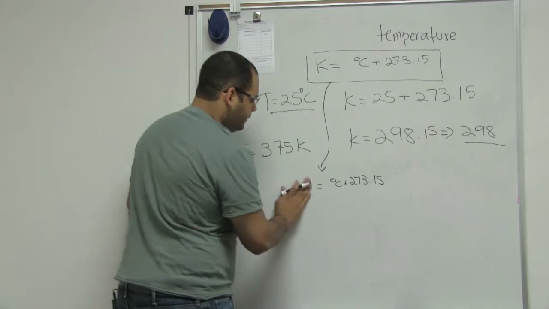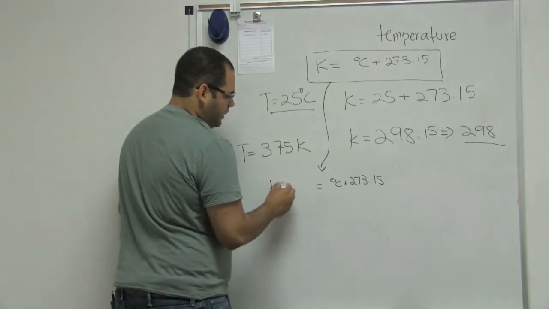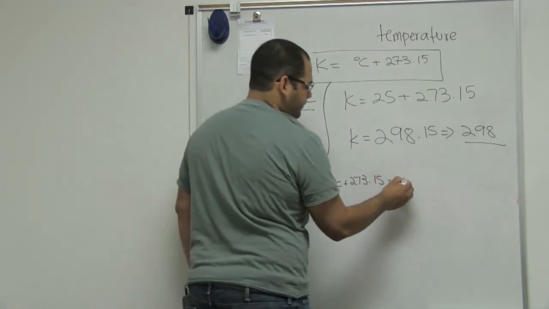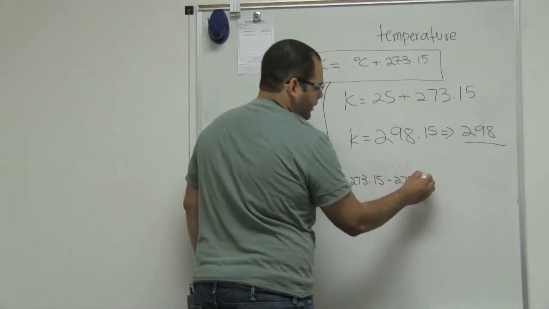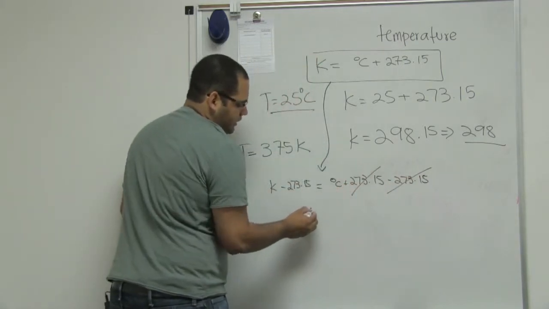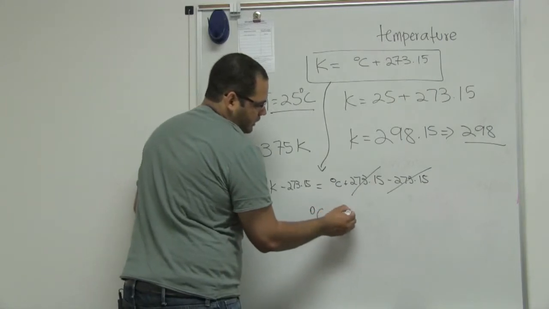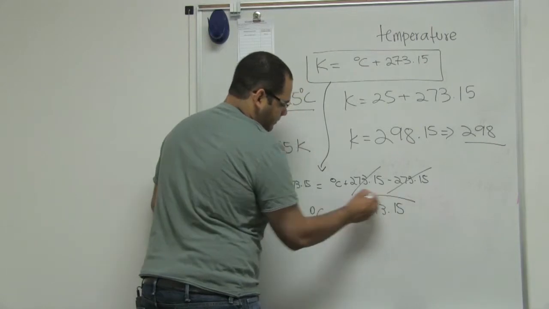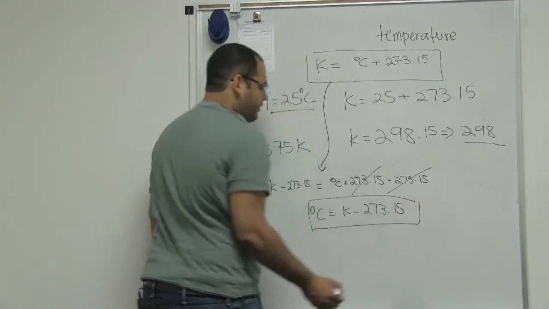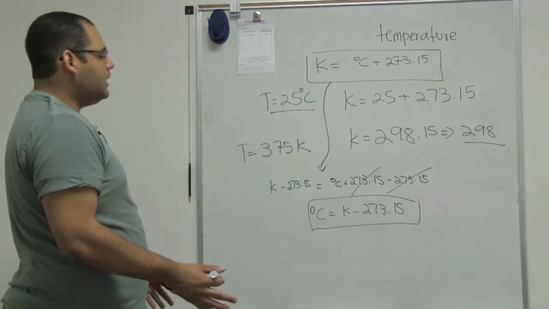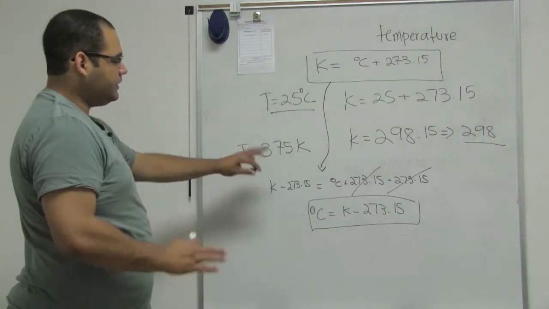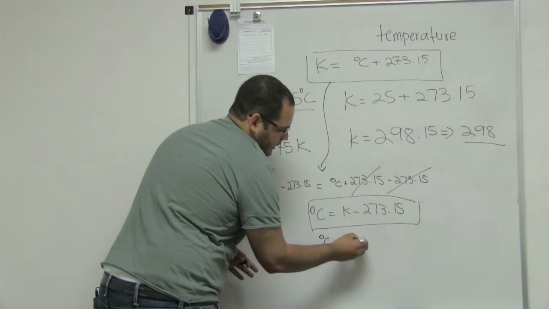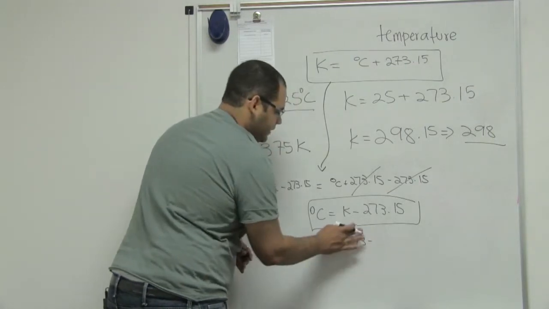What I will do, I will subtract 273.15 from both sides. So I can cancel this, and I have that Celsius is equal to Kelvin minus 273.15. Now that I solved my equation for Celsius, I can just plug in the temperature in Kelvin and figure out how much it is in Celsius.